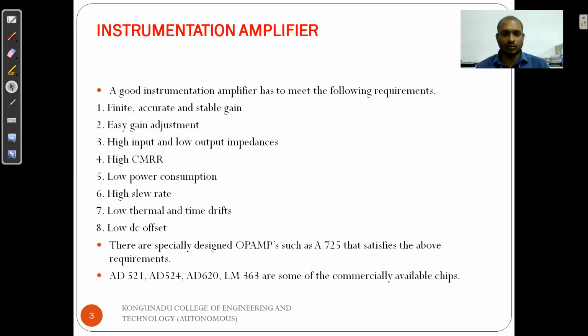Low DC offset voltage. For the above characteristics, the op-amp A725 satisfies all the requirements of the instrumentation amplifier. Other families are also available: AD521, AD524, AD620, LM363 are some of the commercially available chips. So these are the requirements or characteristics of the instrumentation amplifier.